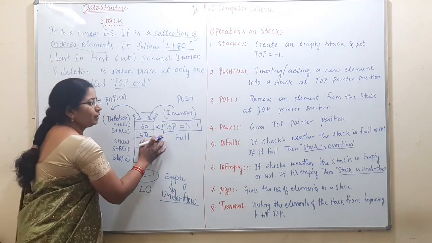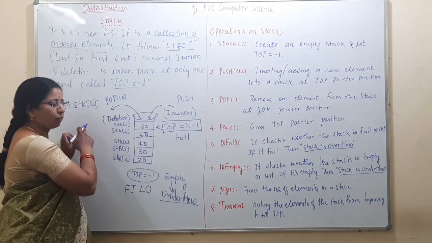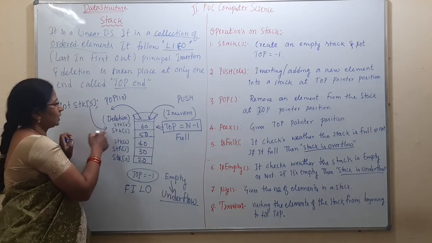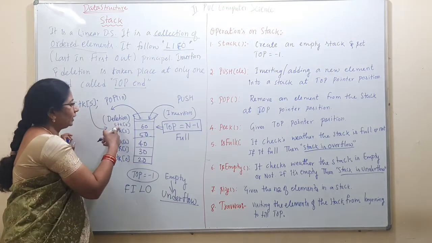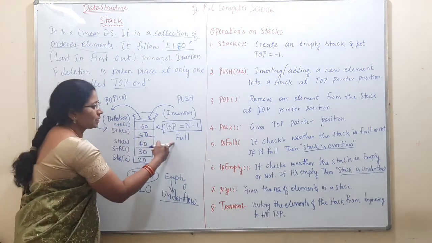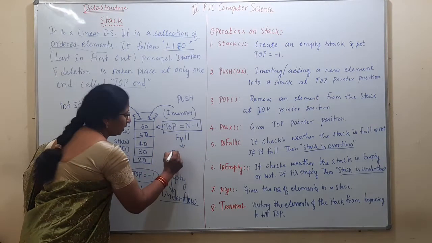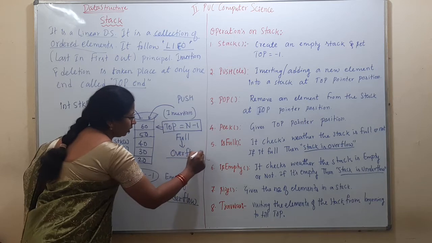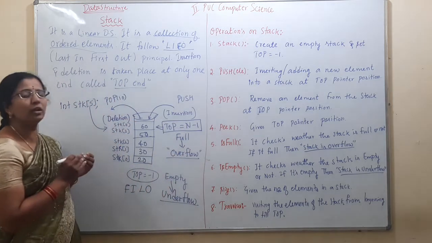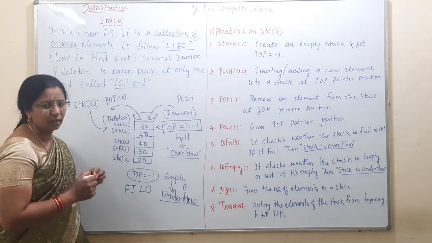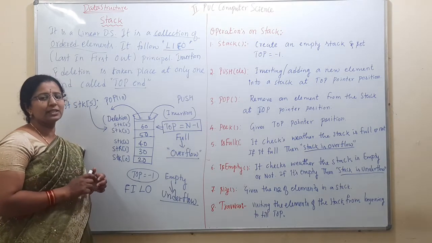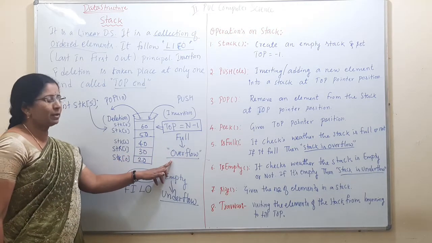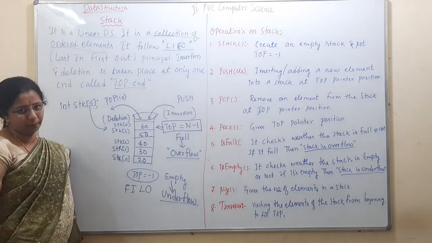When the top pointer reaches n-1, where the size is 5, so n-1 is 4, then the stack is full. That time it is called overflow, and the message is overflow.